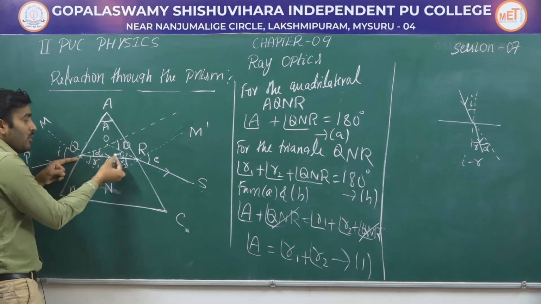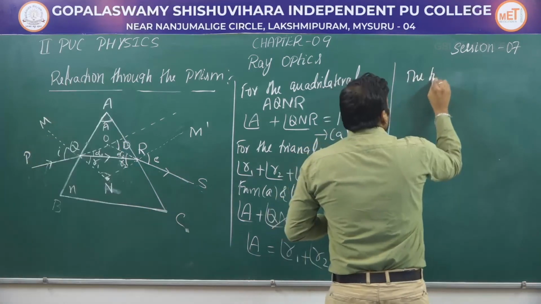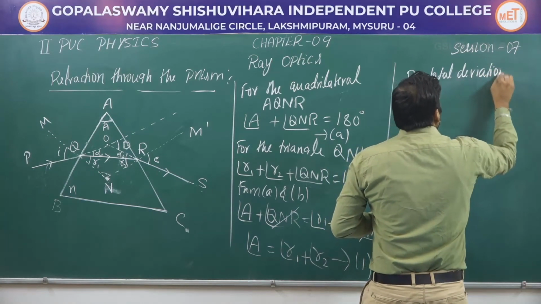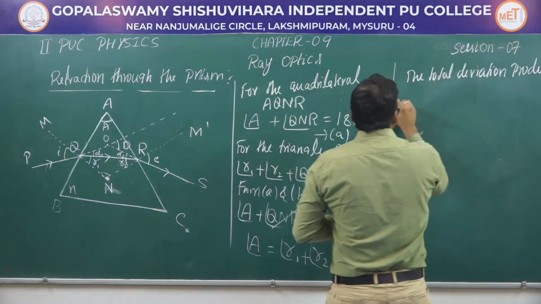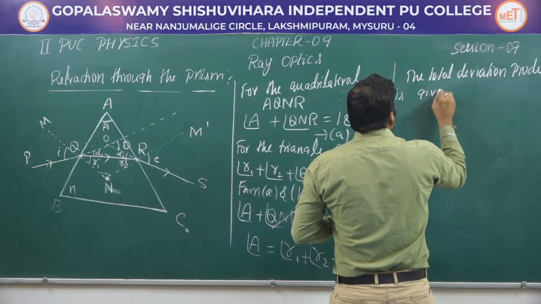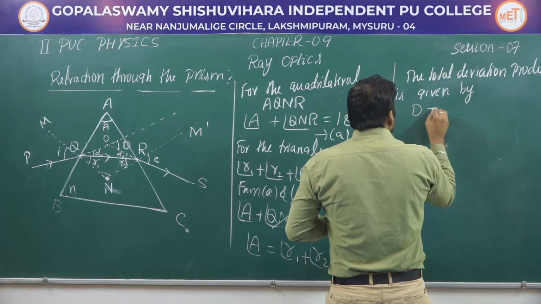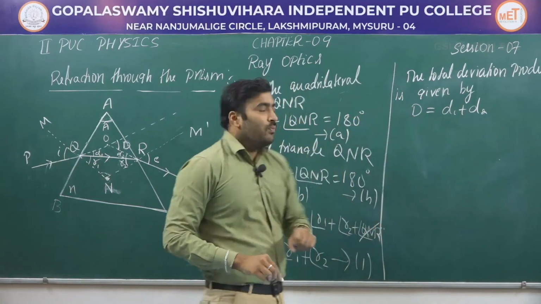So D is equal to D1 plus D2. In that way you can consider. So let us write that the total deviation produced is given by capital D, which is equal to D1 plus D2.